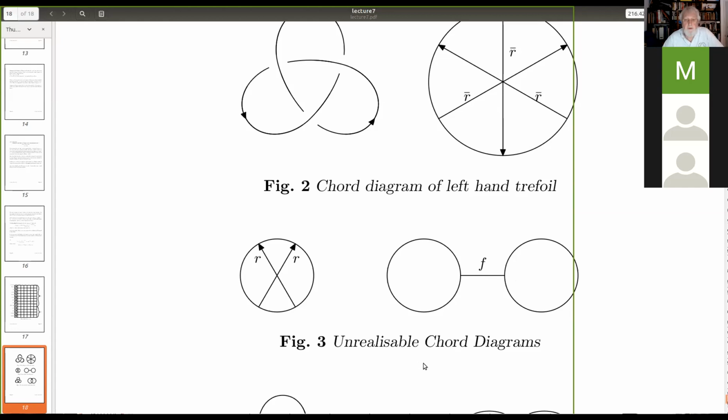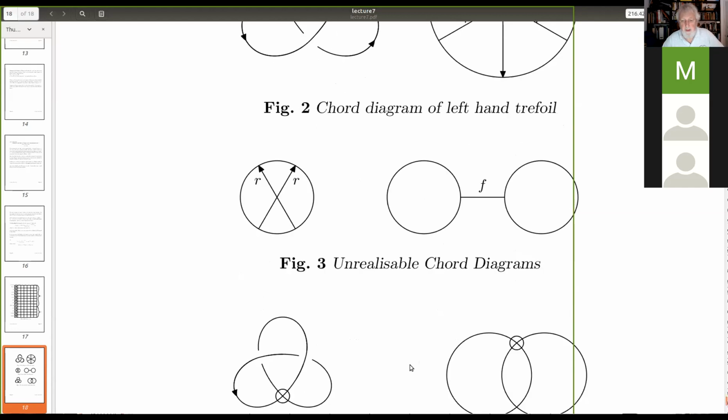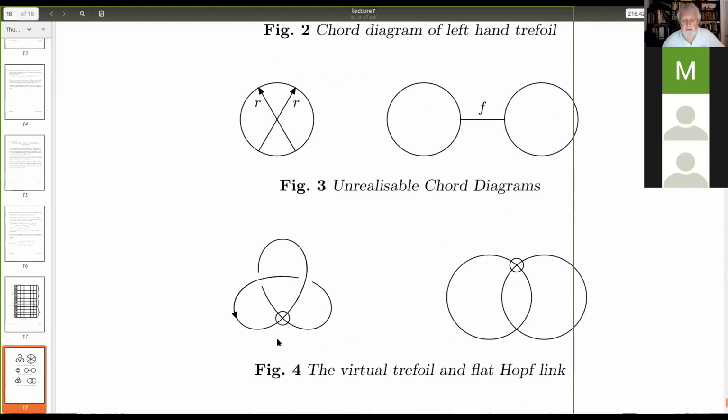So what do we do? Well, we do something which at first sight seems a bit of a blunderbuss solution. We just say, well, we can't do it unless we allow things to cross which aren't there.